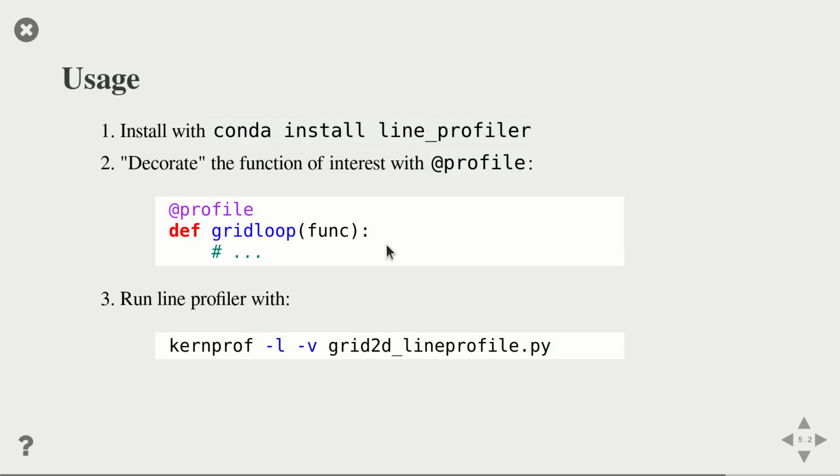Okay, so the way you use that, it's a module that you need to install. It's called line profiler. And then it provides a decorator that you add to your function that you're interested in. In this case, it's my grid loop function. And then you need to run your program slightly differently.